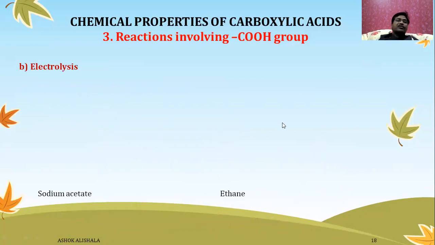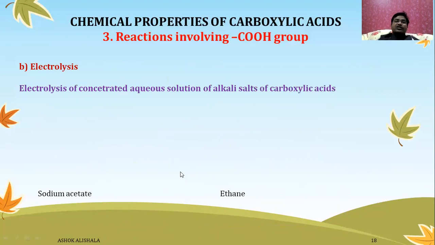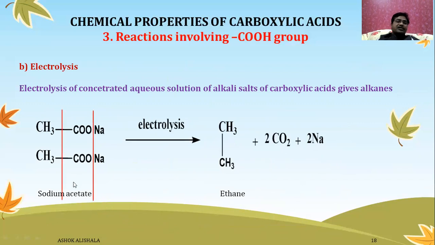Now let us see the other one, electrolysis. Electrolysis of a concentrated aqueous solution of alkali salts of carboxylic acids gives alkanes. Now let us see, this is the case. This is one sodium acetate molecule, this is another sodium acetate molecule. During electrolysis, carbon dioxide is removed, and sodium metal is formed, collected at the cathode, while the alkane is collected at the anode.